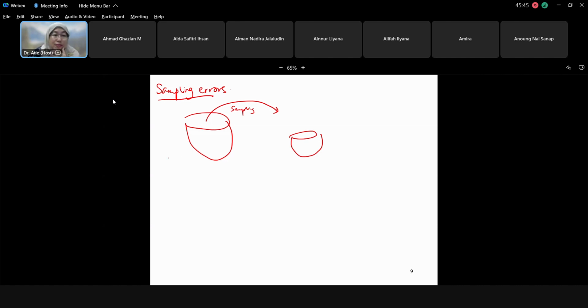So this is your population. Let's say your n here is 1,000, and then you take a sample of only 10. Do you think that 10 people can represent 1,000 people? Can or not?